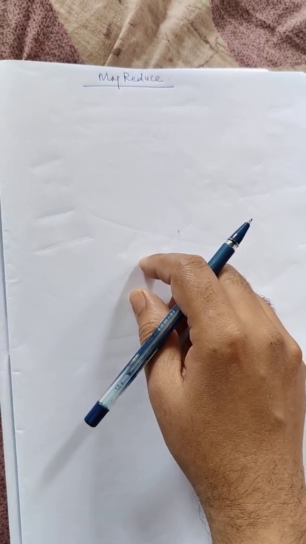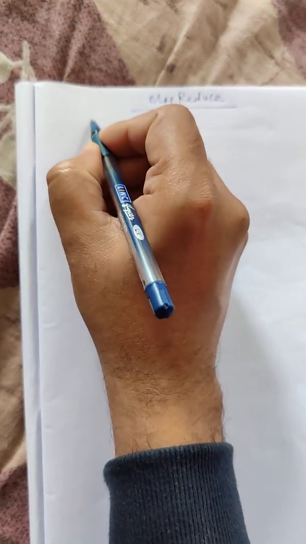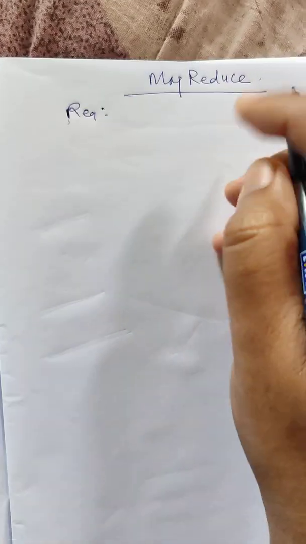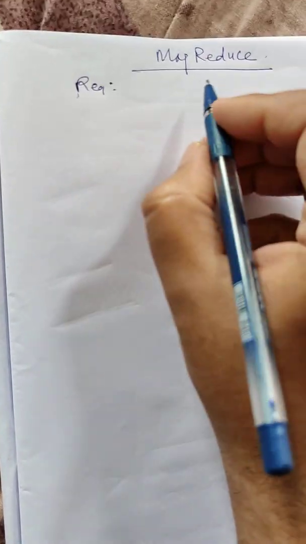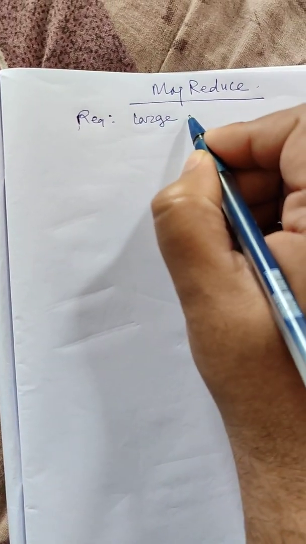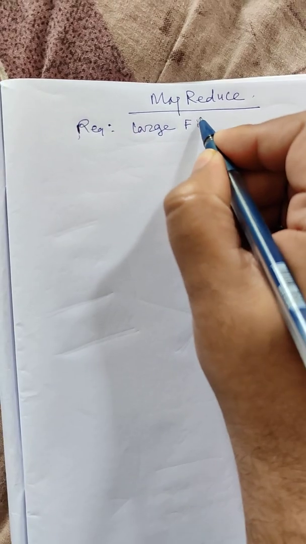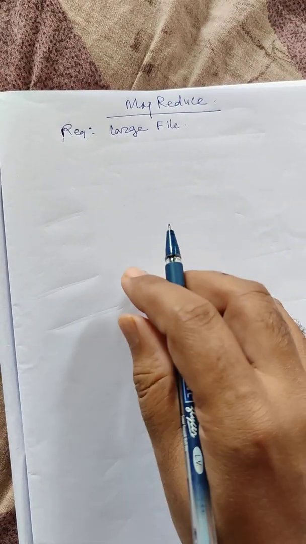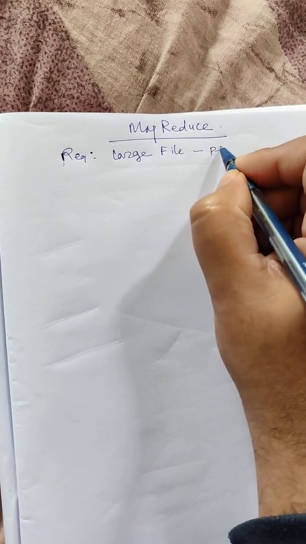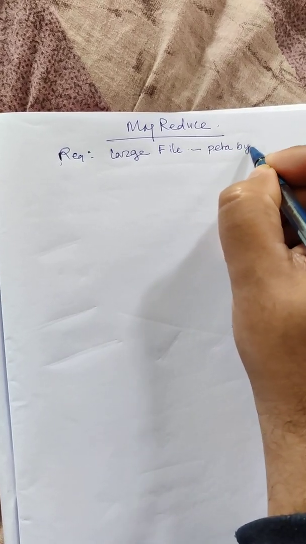So first of all, our requirement is to distribute a large amount of files, and this large amount of files is distributed over several machines. You can imagine the size is in petabytes.